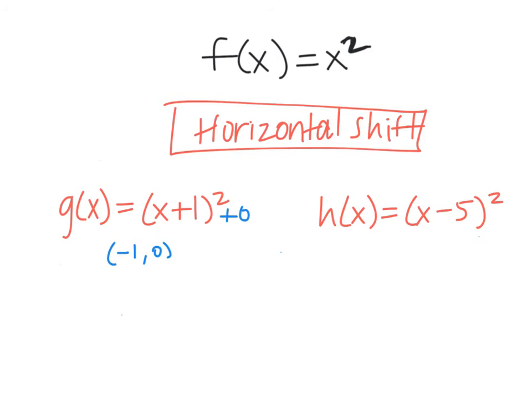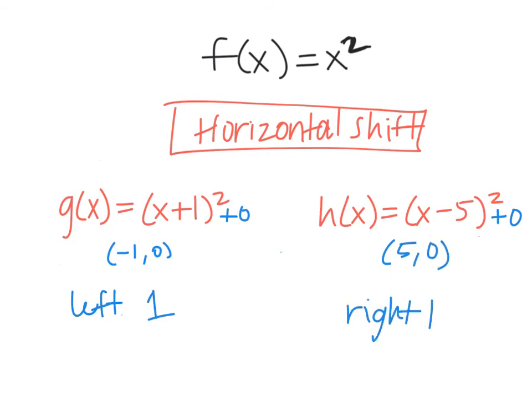So you can say it moves left 1. This guy has a vertex of positive 5, 0, so it's going to go right 1, which we also call a translation. That's actually a better way to say this. Translation right 1, translation left 1.